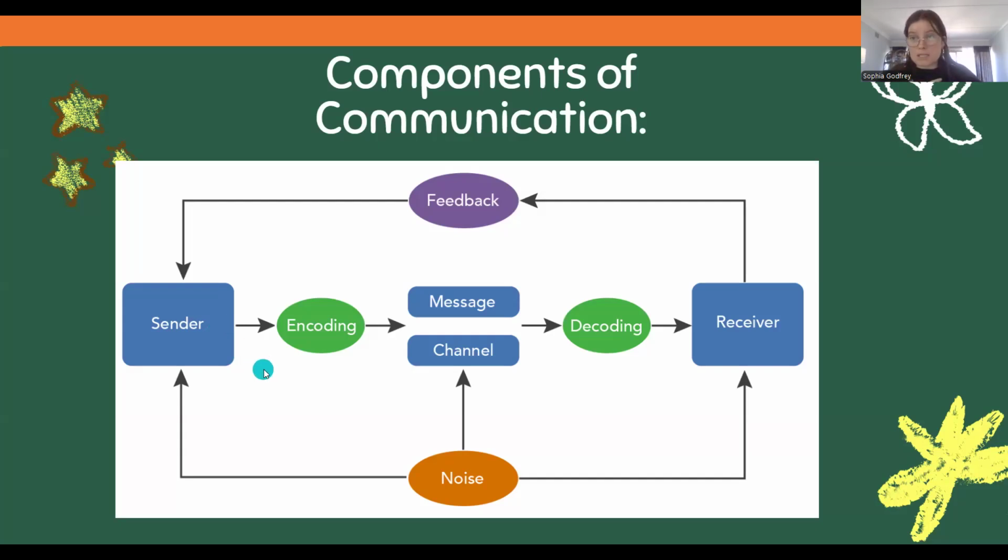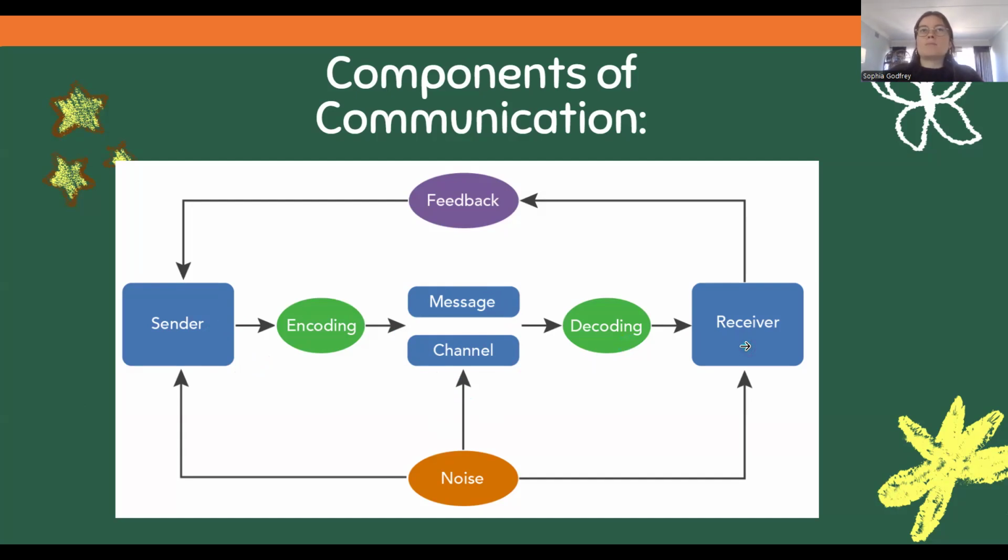So it can affect me, the sender, trying to make sense of my thoughts and make a message. It can affect how we hear the message, right? So if my dog barks and then the mic can't really catch what I'm saying, that affects the message. And then decoding, right?